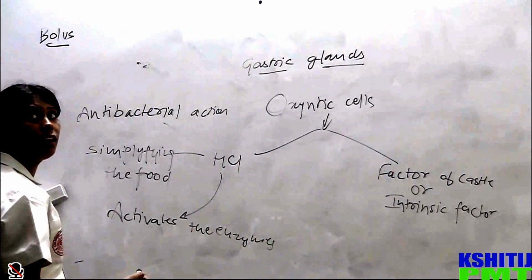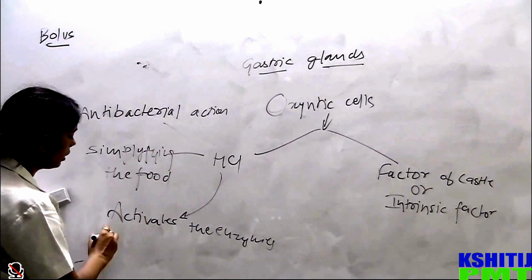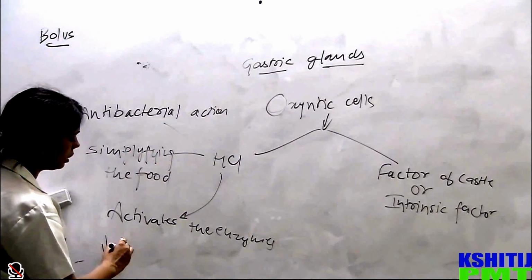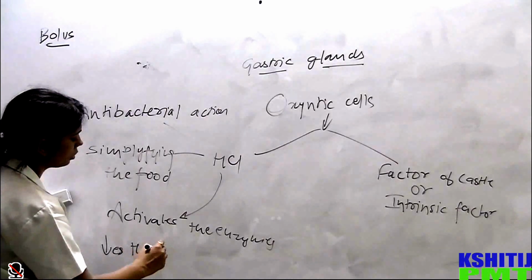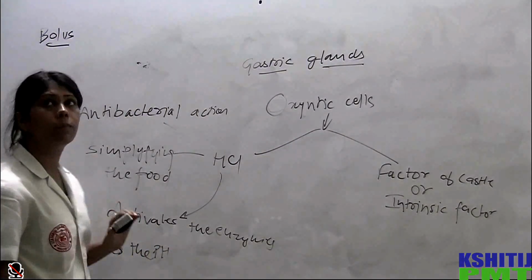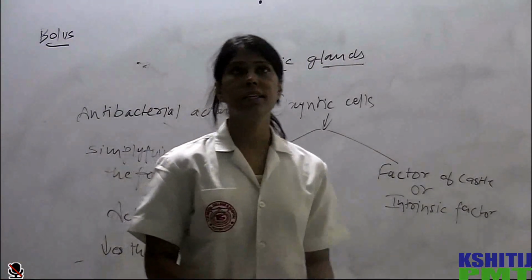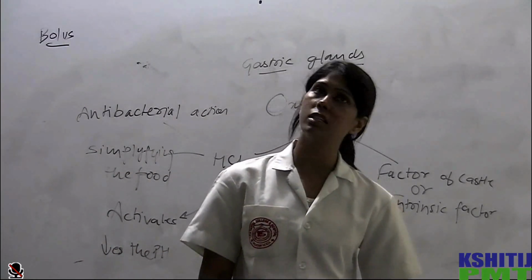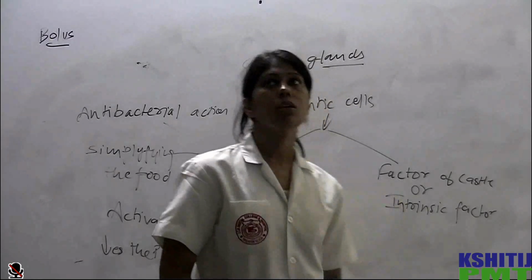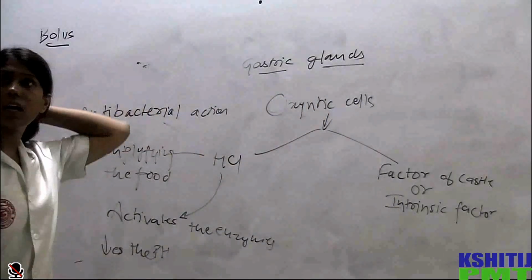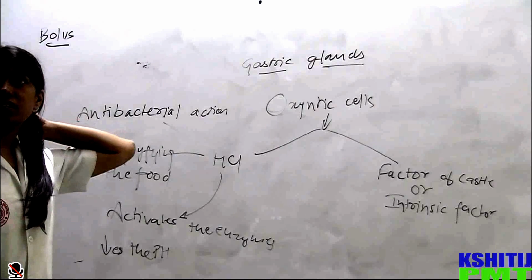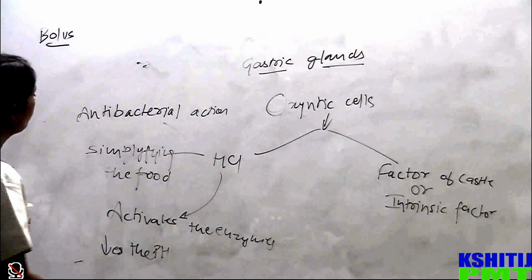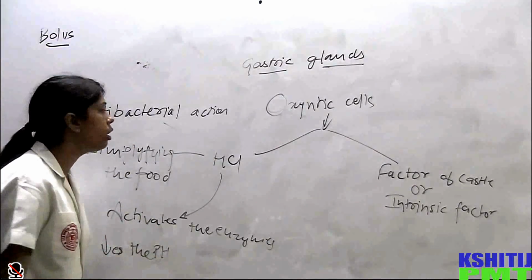And the last function, it decreases the pH. HCl is a strong acid, so it decreases the pH level so that the enzymes can work in it. So these are the functions of HCl.